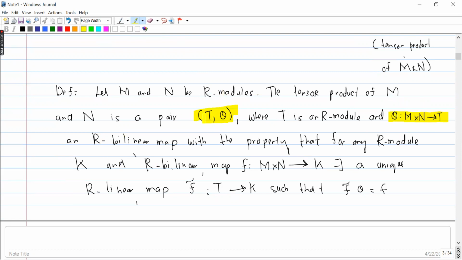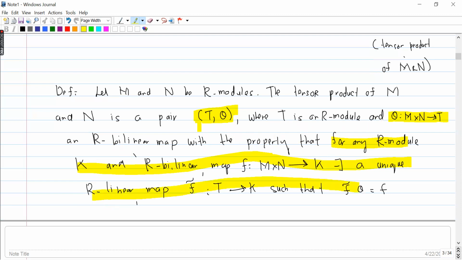But we know that it is an R module T with a bilinear map theta from M cross N to T. And this is important, that we are defining this thing with the help of this property. So what is the property? That for any R module K, an R bilinear map from M cross N to K.